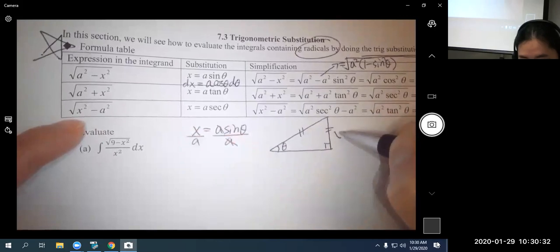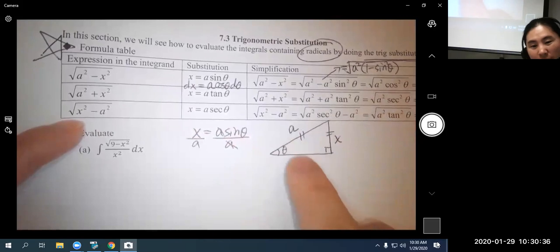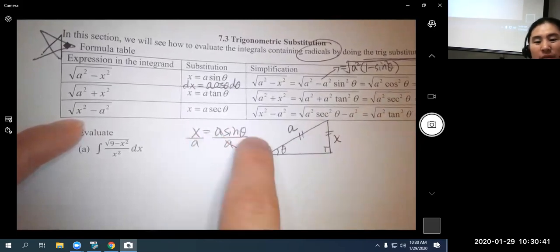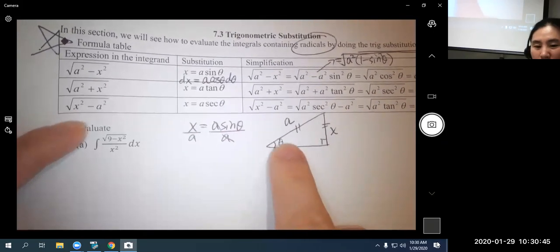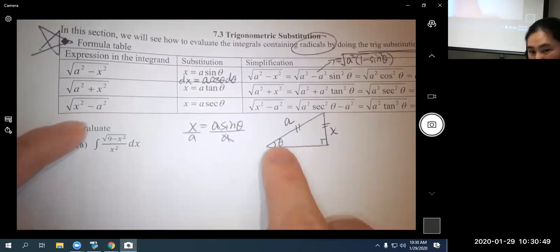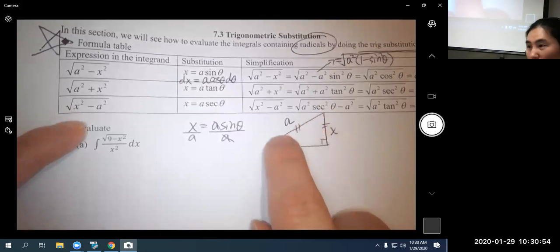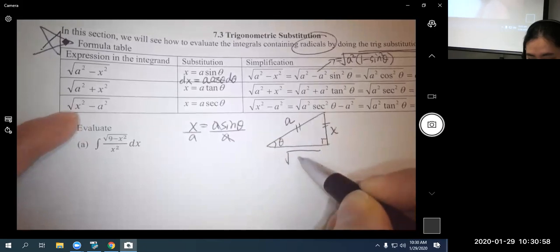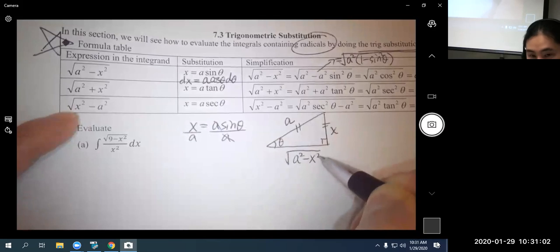So we let the opposite side be x, and the hypotenuse be a. So x over a equals sin of theta. Now, by using the Pythagorean theorem, what is the length of this side? The square of this side plus the square of this side equals a squared, right? So this side can be written as the square root of a squared minus x squared.